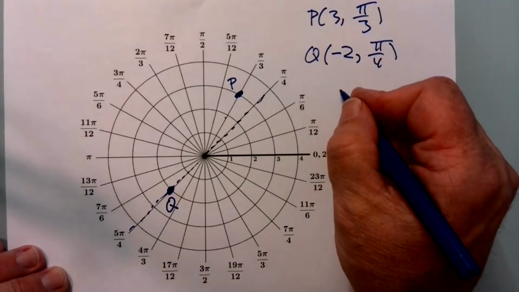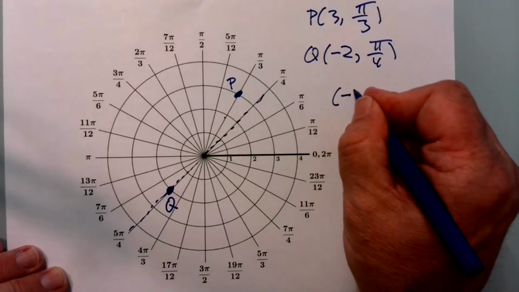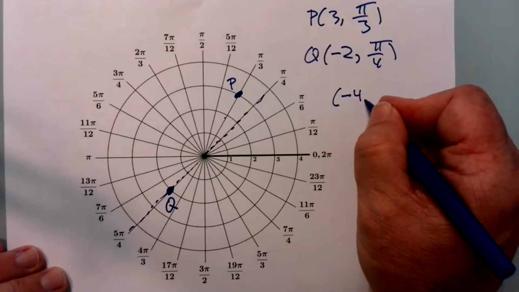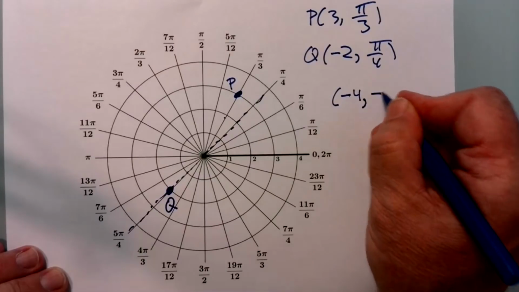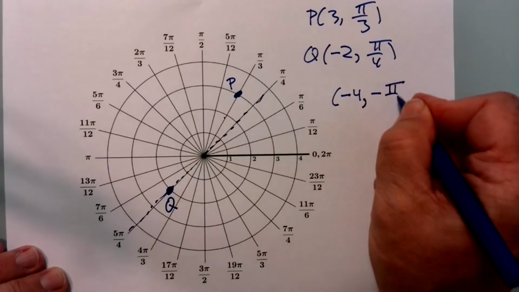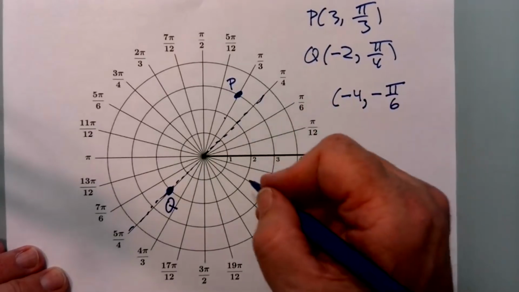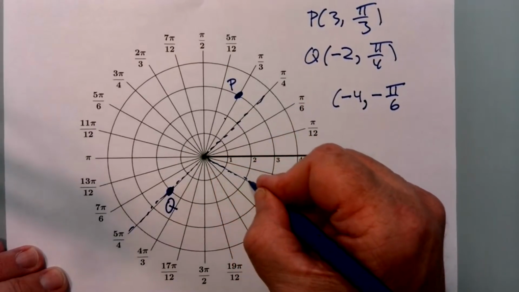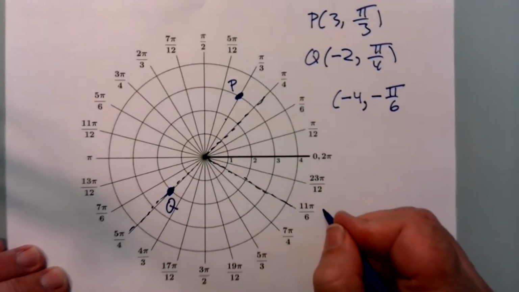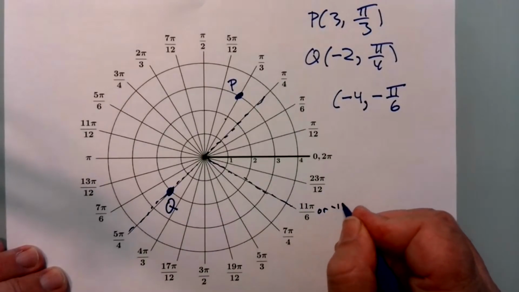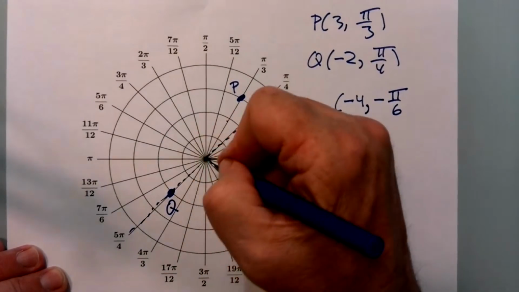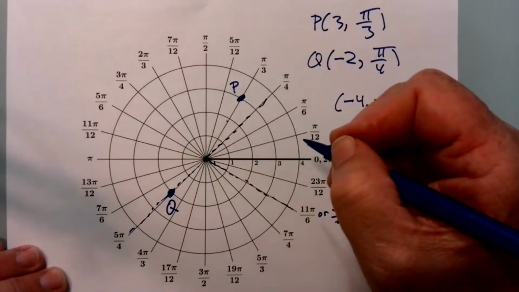If they're both negative, let's say (negative 4, negative pi over 6), well, where is negative pi over 6? Pi over 6 is 30 degrees. Negative pi over 6 is here. So we have 11 pi over 6 or negative pi over 6, but the negative version would be going back the other way.